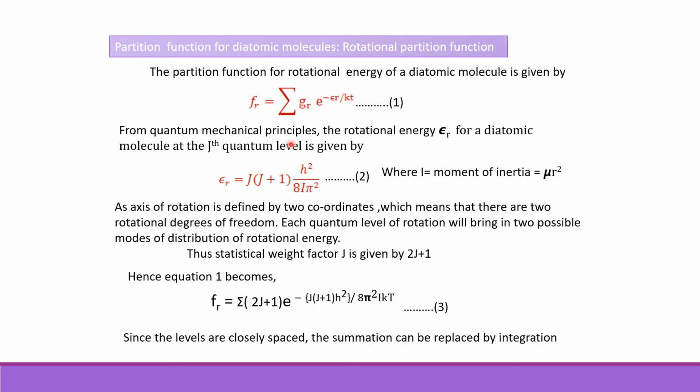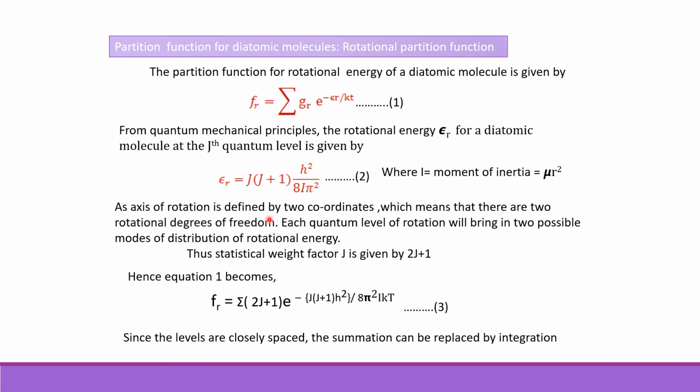From quantum mechanical principles, the rotational energy epsilon r for a diatomic molecule at the jth quantum level is given by epsilon r equal to j into (j plus 1) h square divided by 8 pi square I, equation 2.